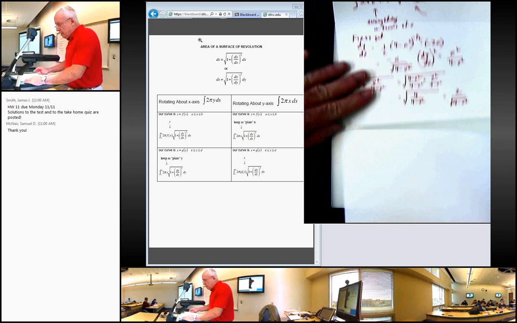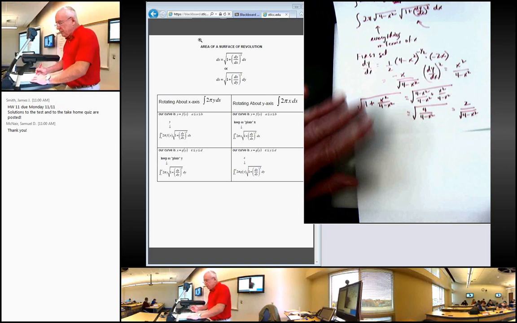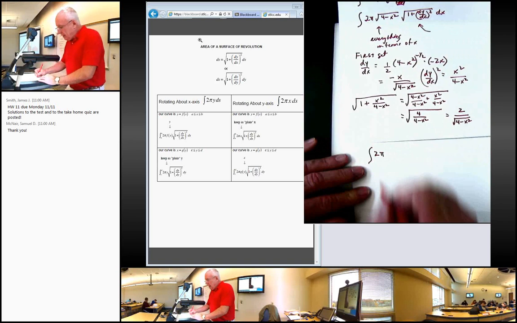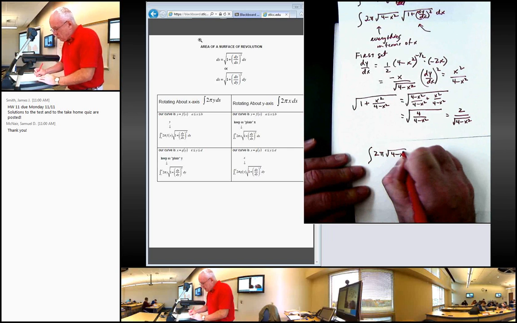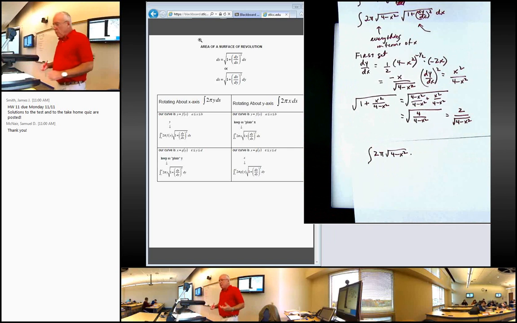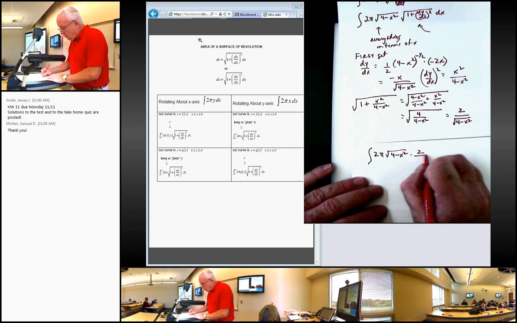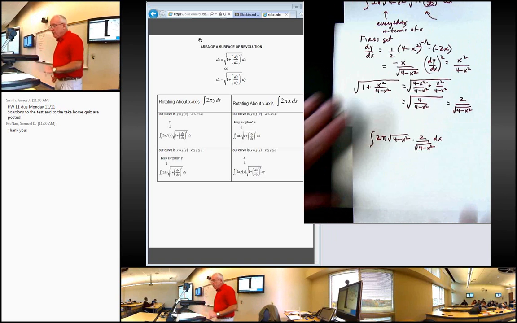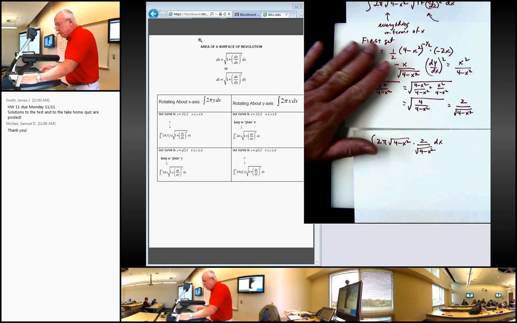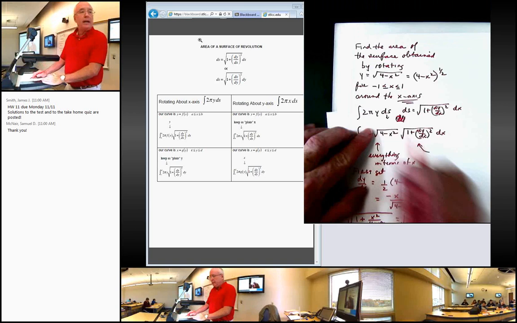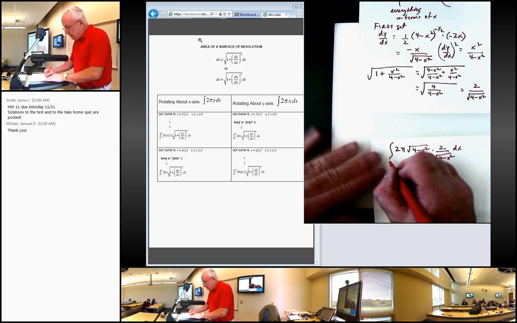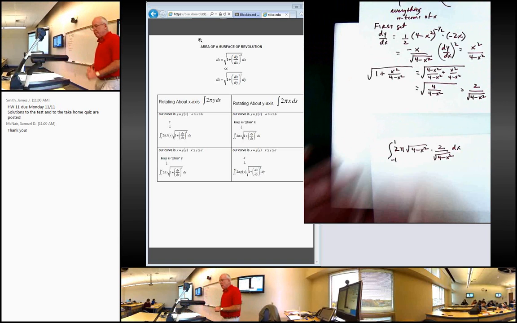So now let's go back up here to our antiderivative. So it's the integral of 2 pi times the square root of 4 minus x squared. And then we found that the radical became 2 over the square root of 4 minus x squared. And this is dx. And now we do have to put in our limits of integration here. We're told that x goes from -1 to +1. So in here then, I'm going to put in my limits, -1 to +1.